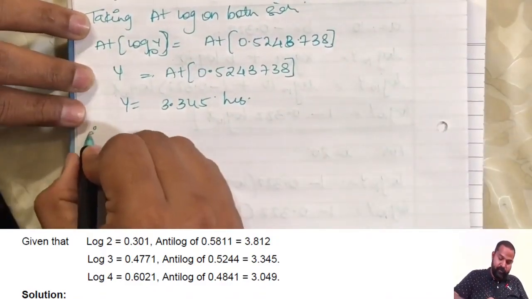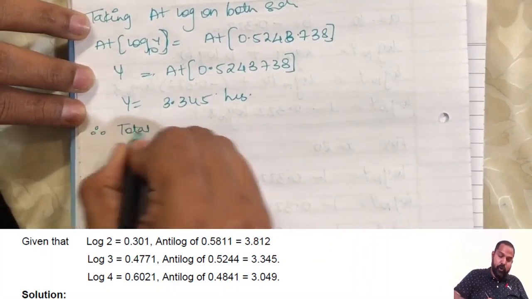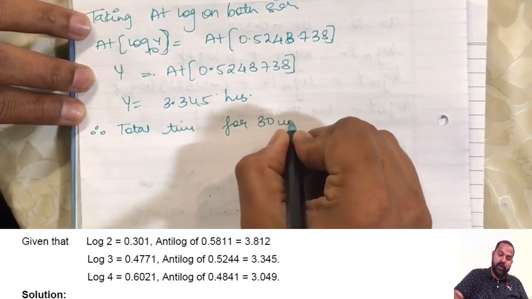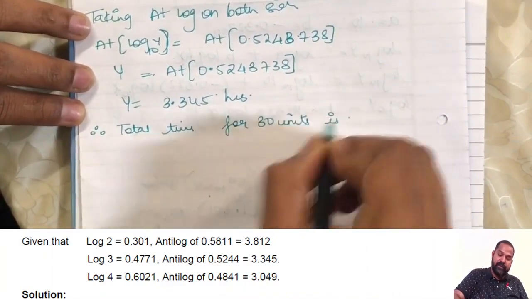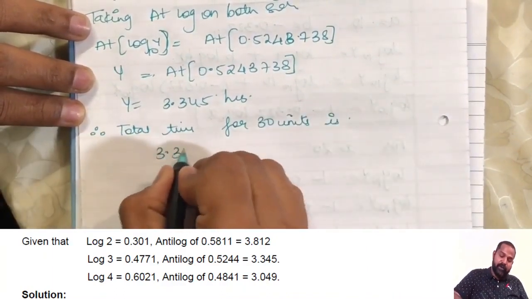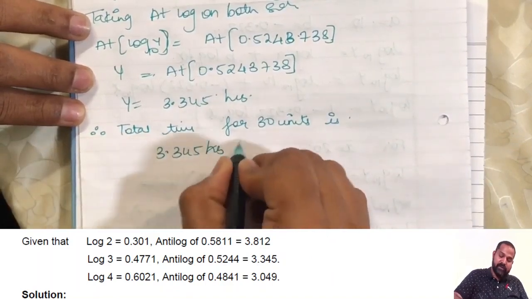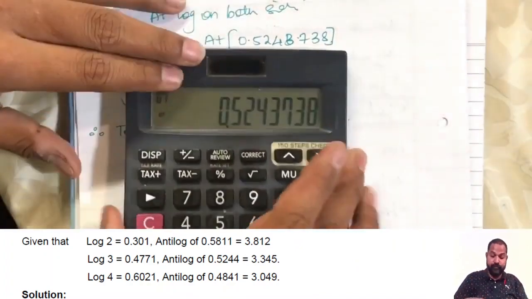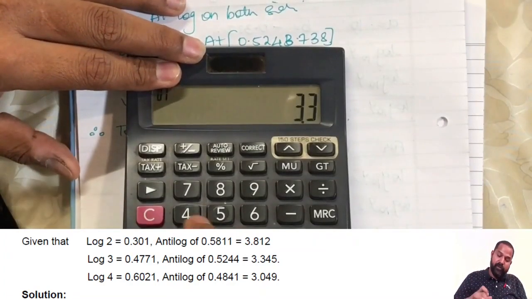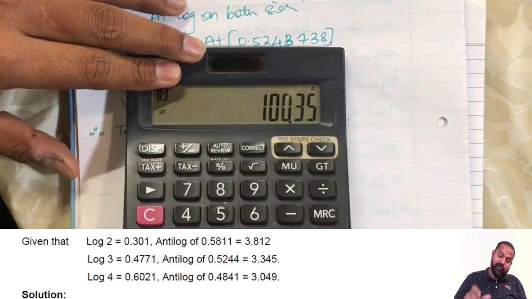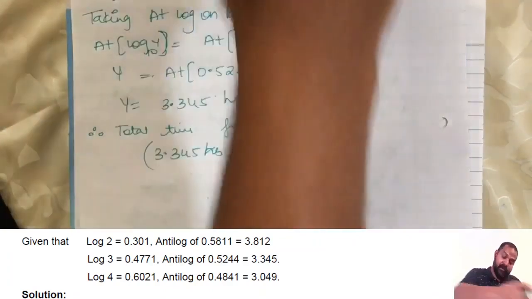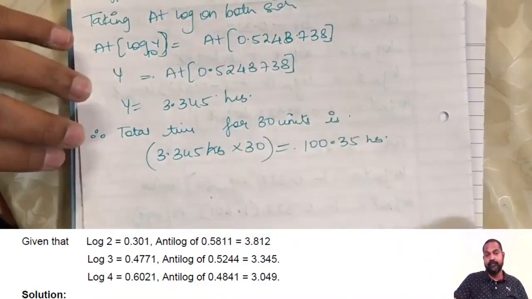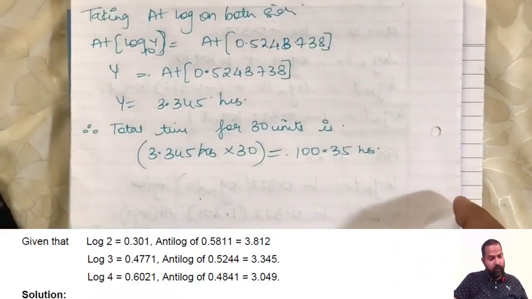So, therefore, total time for 30 units is 3.345 hours into 30, which is 3.345 into 30 will give you 100.35. So it is going to be 100.35 hours. Is that what I got some time ago?